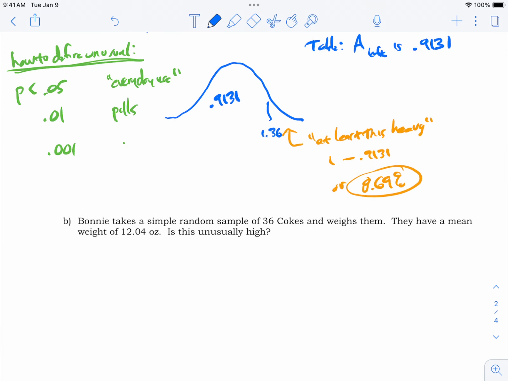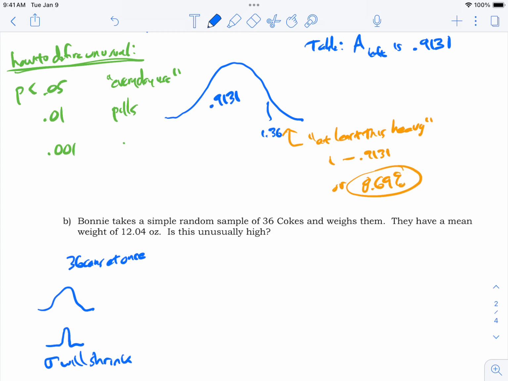Now, because we're measuring 36 cans at once, remember, the central limit theorem says our sigma will shrink. That's important when you're calculating a z-score. You want to use the right sigma when you're calculating a z-score.